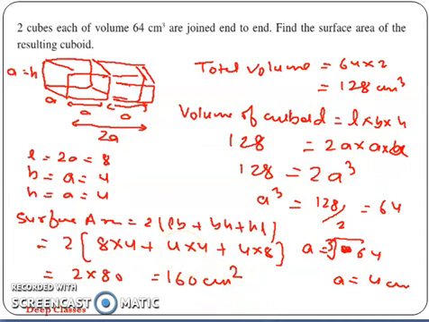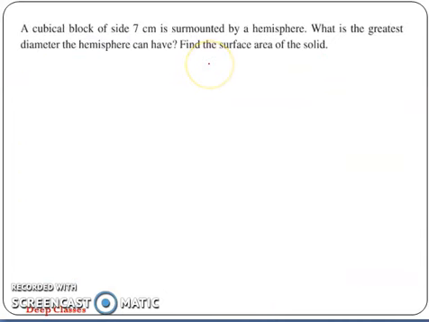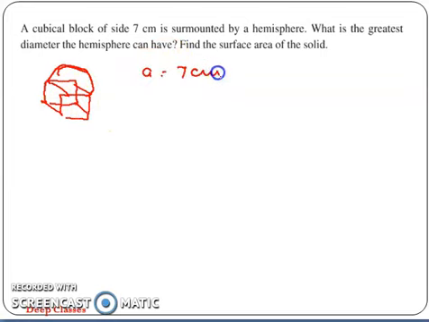Now we'll move to the next question. The question is: a cubical block of side 7 centimeter is surmounted by a hemisphere. So we'll draw a cubical block first of all, like this. This is the cubical block, and this is surmounted by a hemisphere. Now the cubical block side A is equal to 7 centimeter.